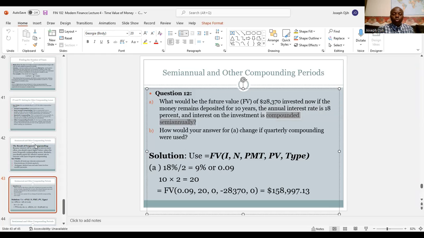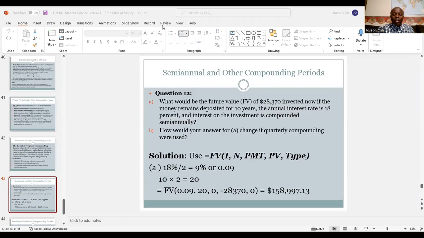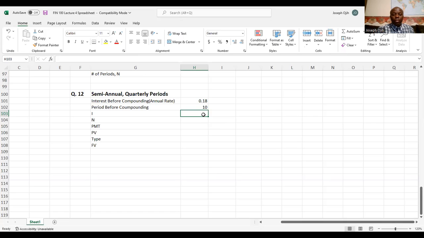semi-annually. That means twice a year, which means, like I explained before, that you must divide the interest by 2. So equals, click on 18 and divide by 2. In Excel, division is the slash. That gives us 0.09.